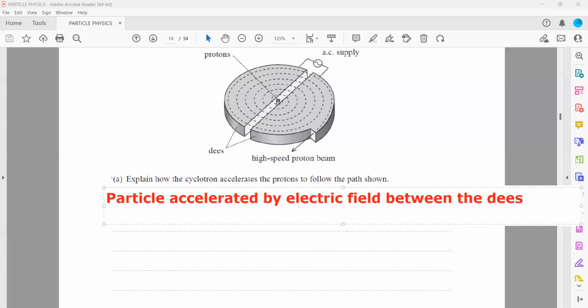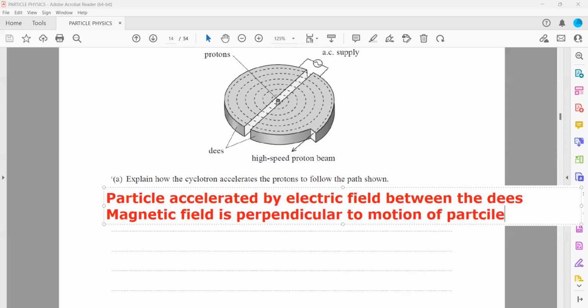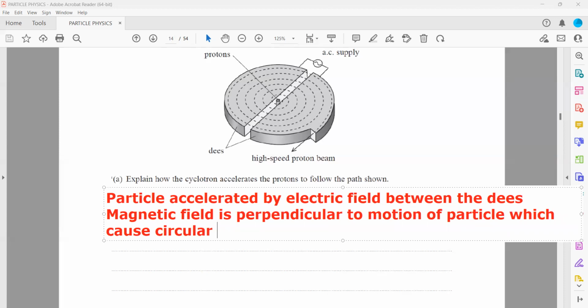The second point you will mention: the magnetic field is perpendicular to the motion of the particle, or direction of movement of the particle, which causes circular motion and produces acceleration, but that acceleration is only due to change in direction.